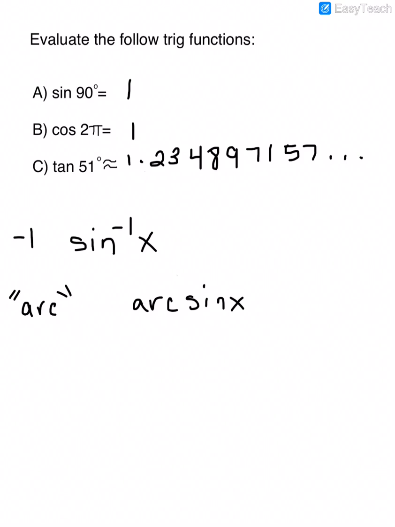But they both mean the same thing. If we're asked to find sine inverse, or the arc sine of x, it means the same thing. Remember that if we see that little -1, that does not mean that it's an exponent. This just means that it's the inverse of the function.